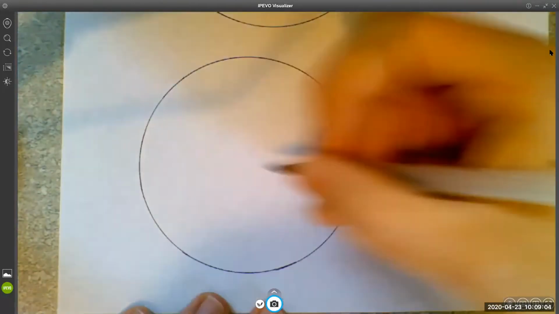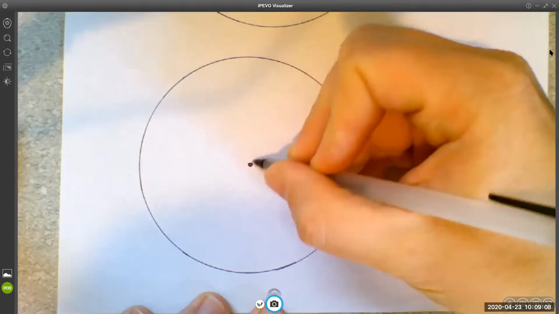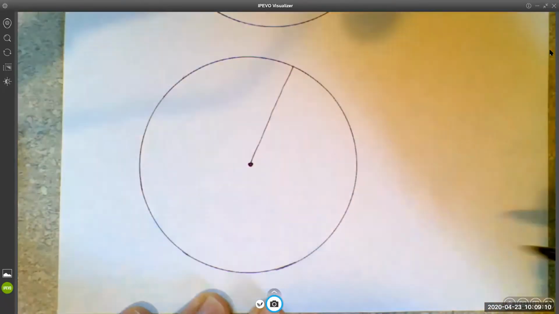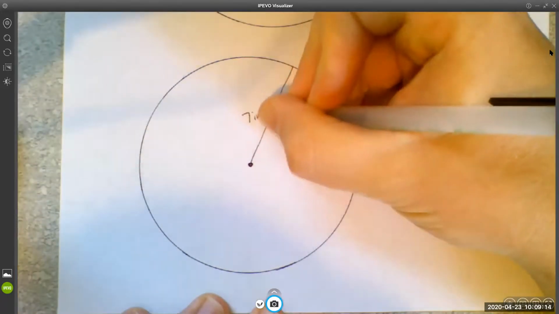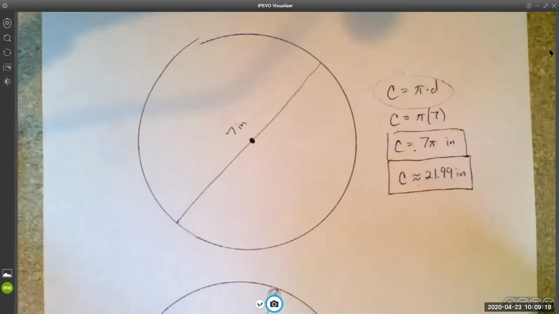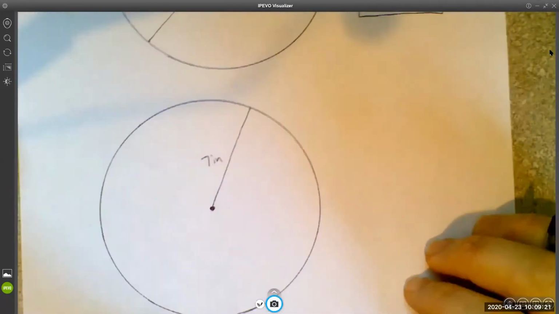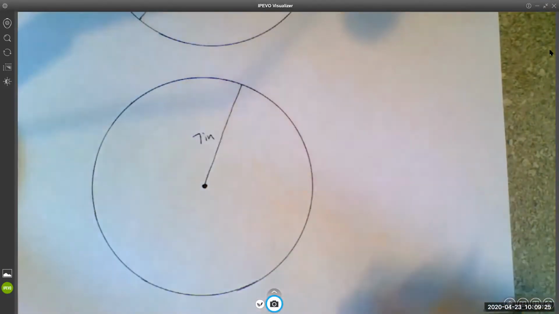This time, instead of giving you the diameter, let's say that I just gave you the radius. And for the sake of argument, let's say that the radius here is 7 inches. Previously the diameter was 7 inches. Now the radius is 7 inches. So what's the circumference of this circle? I'll let you pause the video and give that a shot.